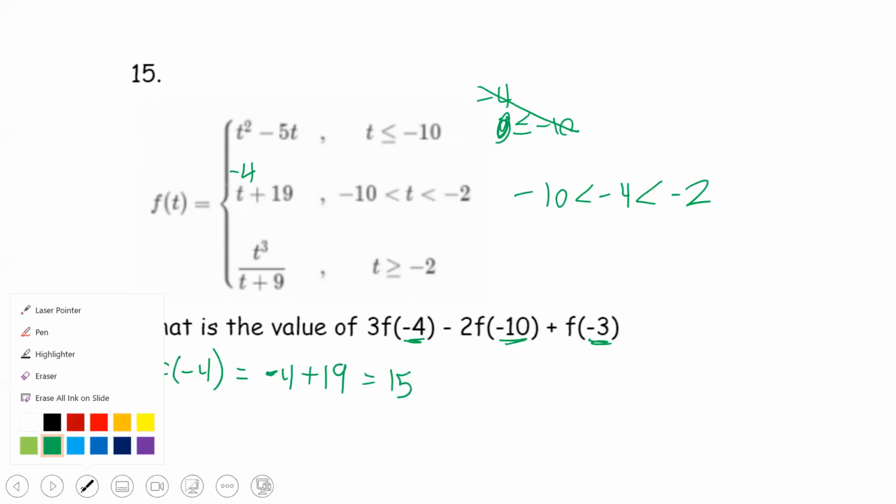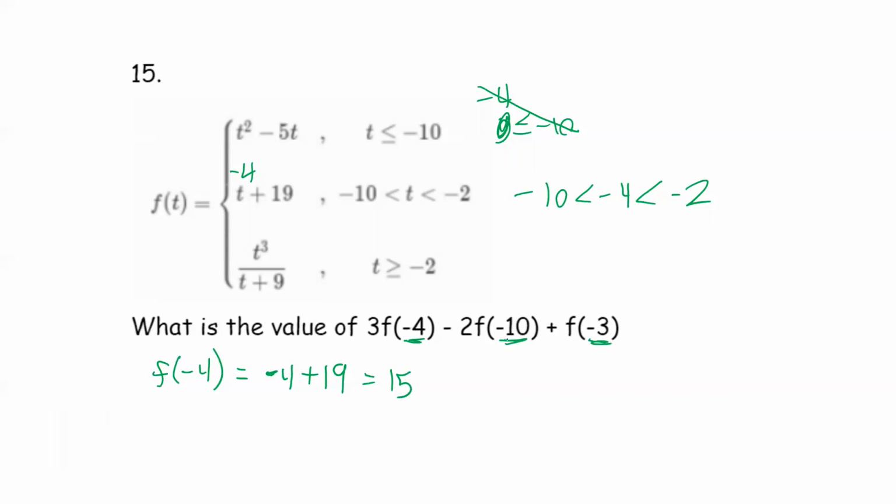Now let's look at the other ones. Let's plug in negative 10. Negative 10 is not greater than negative 10, so it can't go in there. Negative 10 is less than or equal to negative 10. So we're going to plug in negative 10 for the t's you see here. So negative 10 in parentheses, always square a number that's negative in parentheses, minus 5 times negative 10.